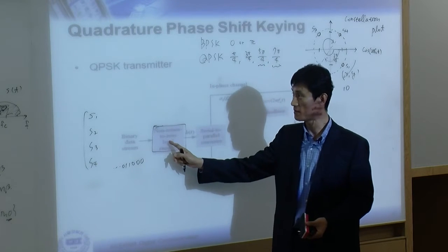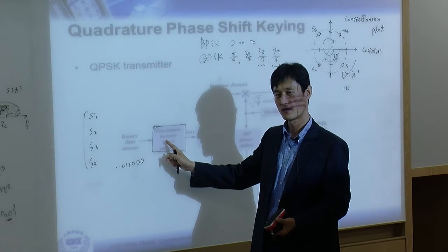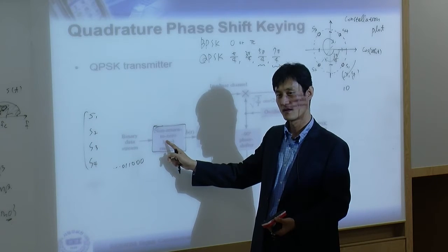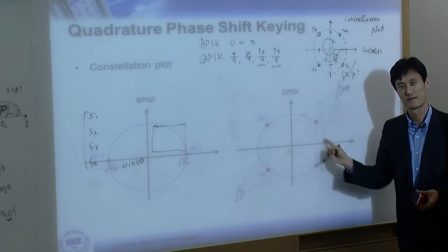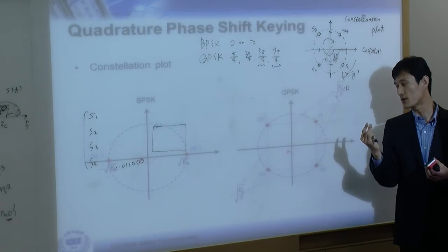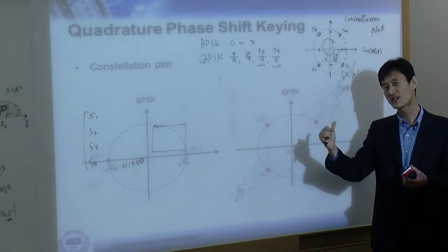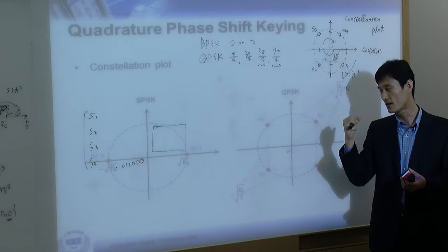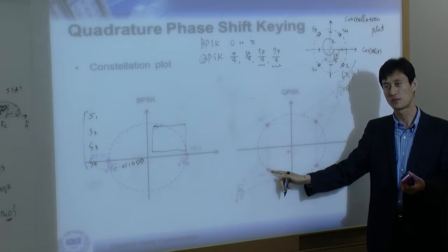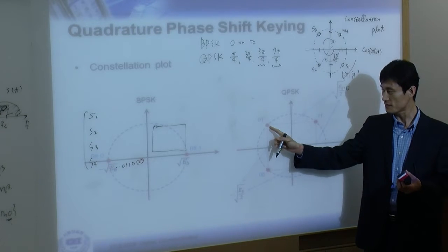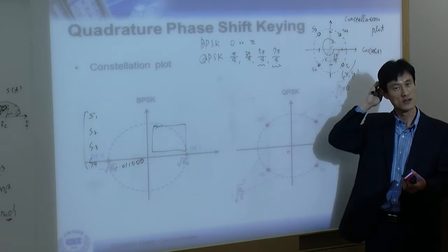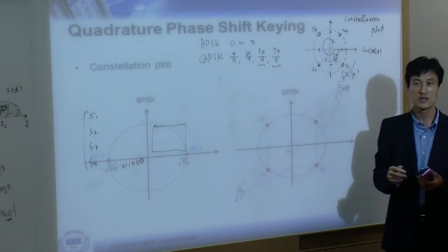So what is going to be the mapping in here? This mapping is based on this picture. Whenever you get the bit 0, 0, now what is going to be the output of the mapping? This is the output of the mapping. Whenever you get a 0, 1, this is the output of the mapping. Then what does that mean?